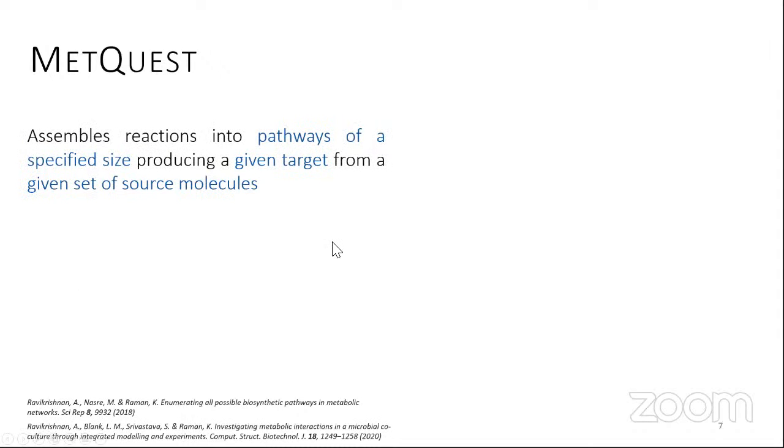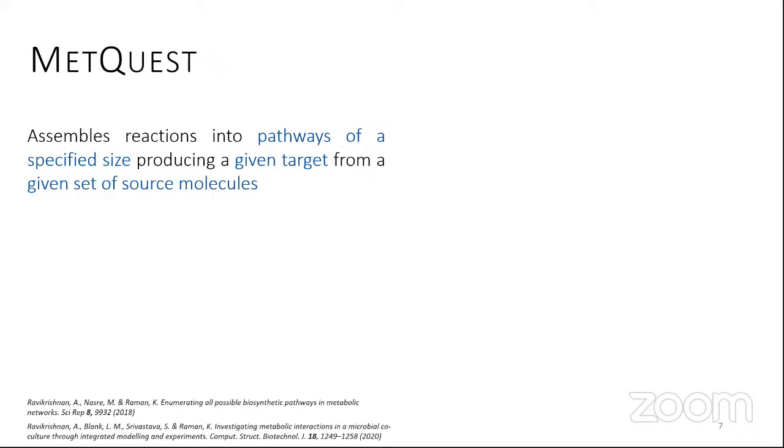MetQuest is a novel dynamic programming algorithm developed in our lab by Dr. Arti Ravikrishnan to assemble reactions into pathways from a given set of source molecules to a target molecule.